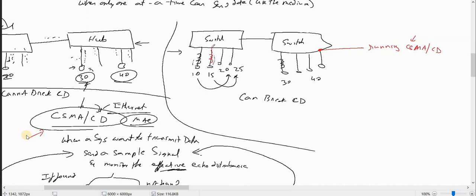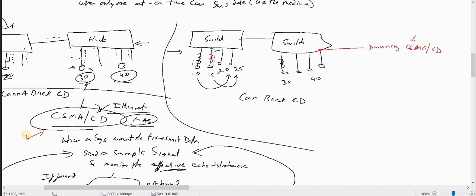It will terminate right at this port. Because every port of a switch is running CSMA/CD, the switch has the intelligence of differentiating sample signal versus data signal because both are talking the same language. Same algorithm is running. So the sample signal is terminating right at the port itself.